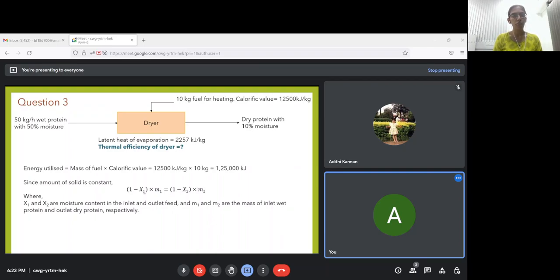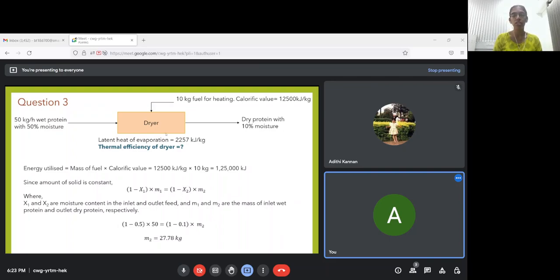So here we already know x1 as 50% and m1 is given as 50 kg per hour. Here x2 is 10% moisture and m2 we still don't know. We don't know how much protein is coming out from the dryer. So in order to calculate m2, we substitute the values and we get an m2 of 27.78 kgs.